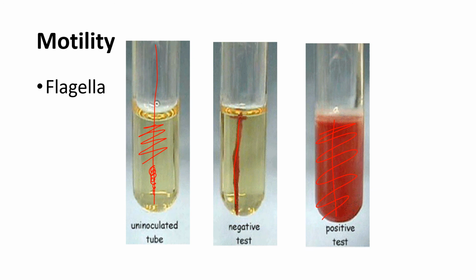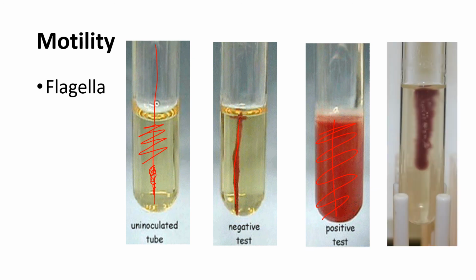Some bacteria are not this motile, and what you would see here is just sort of general fuzzy growth moving away from a stab line. So this is also a positive, and it looks more blurry or fuzzy compared to that one. If your bacteria is a coccus, it must be non-motile, because remember, only bacilli and spiral bacteria have flagella.